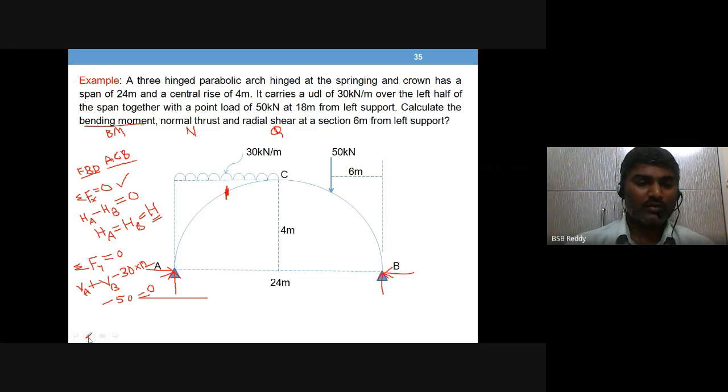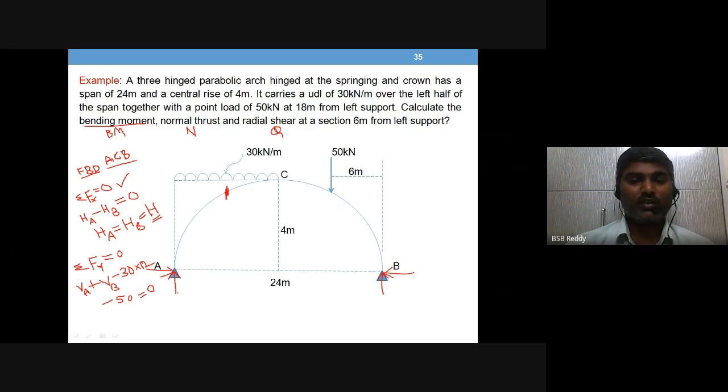Now you see sigma Fy equals 0 is written with a notation: upward forces are positive.